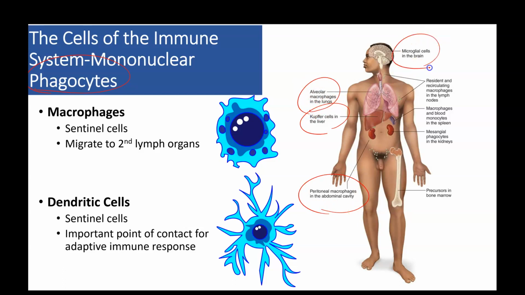We even have them in our brain, believe it or not. So these are all very important. They're in these different areas so that they're one of the first responders to infection. And once they phagocytize whatever pathogen that might be, they're going to migrate to our secondary lymphoid organs and alert the rest of our body that we have a pathogen present.